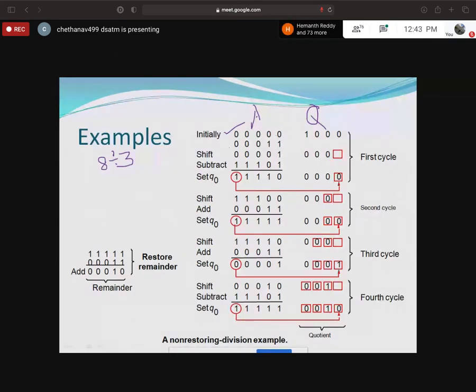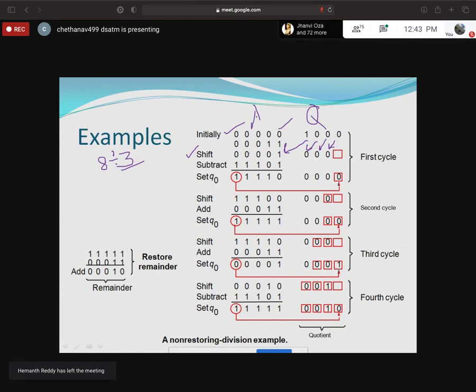M is your divisor, that is 3, 00011. The shifting procedure is also the same. Shift it towards the left side, same procedure, no difference here. Everything is okay. Hope you are clear.